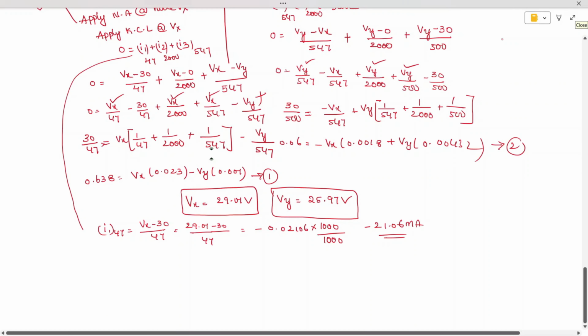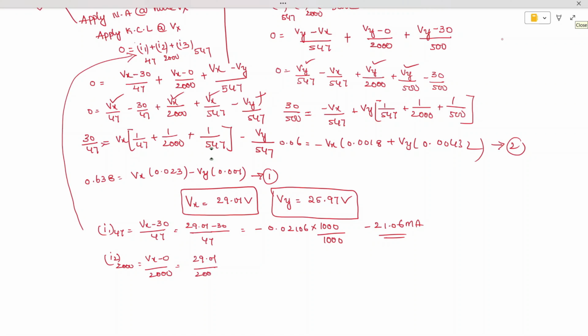Similarly, I want the current I2, which is nothing but this current. Just refer to this current I2 across the 2000 ohm, which is Vx minus 0 divided by 2000. Vx is 29.01 divided by 2000. When you perform it, you are going to get 14.5 milliamperes of current.